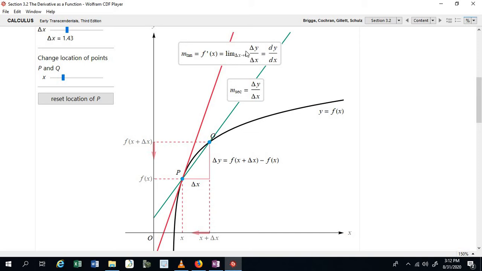But note that this limit is the derivative of f of x, because it's the slope of the tangent line at any point x. Okay, so that's another way of denoting the derivative, dy divided by dx. This kind of notation is a reminder that it's the limit of delta y divided by delta x as delta x approaches 0.